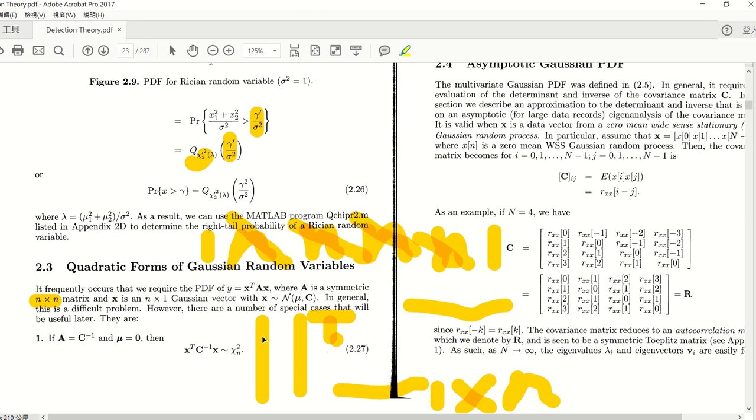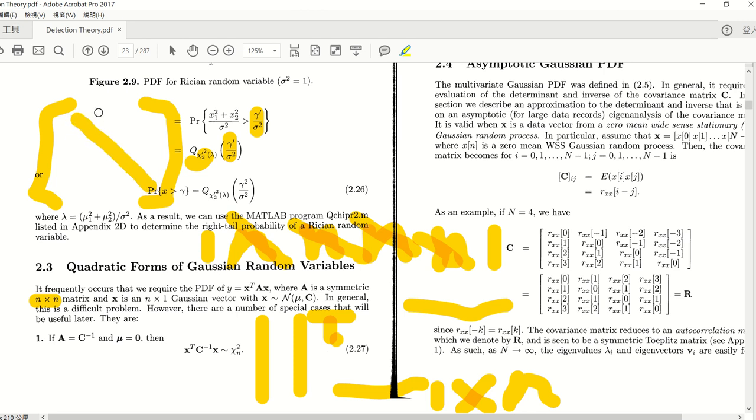This is the mean of the second random variable. This is the mean of the third random variable, and so on and so forth. And for C, C is something like this. Then we have a diagonal, that's the covariance of the first random variable, covariance of the second, covariance of the third, and so on and so forth for the diagonal.